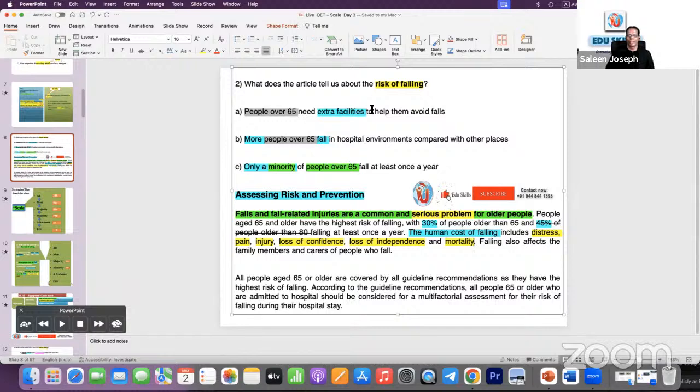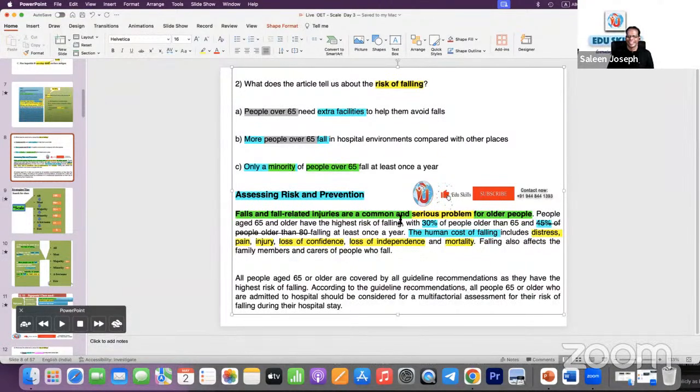But are they asking for the effect here? They're not asking for the effect anywhere. They are speaking about extra facilities, and the topic sentence speaks of the fall and fall related injuries. So the answer should be connected with that. It doesn't speak of extra facilities, which comes in the second part.